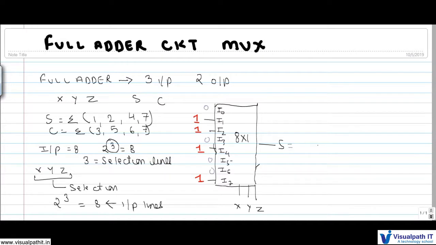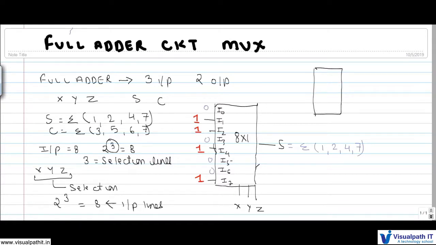So this circuit will produce 1, 2, 4, 7, right?